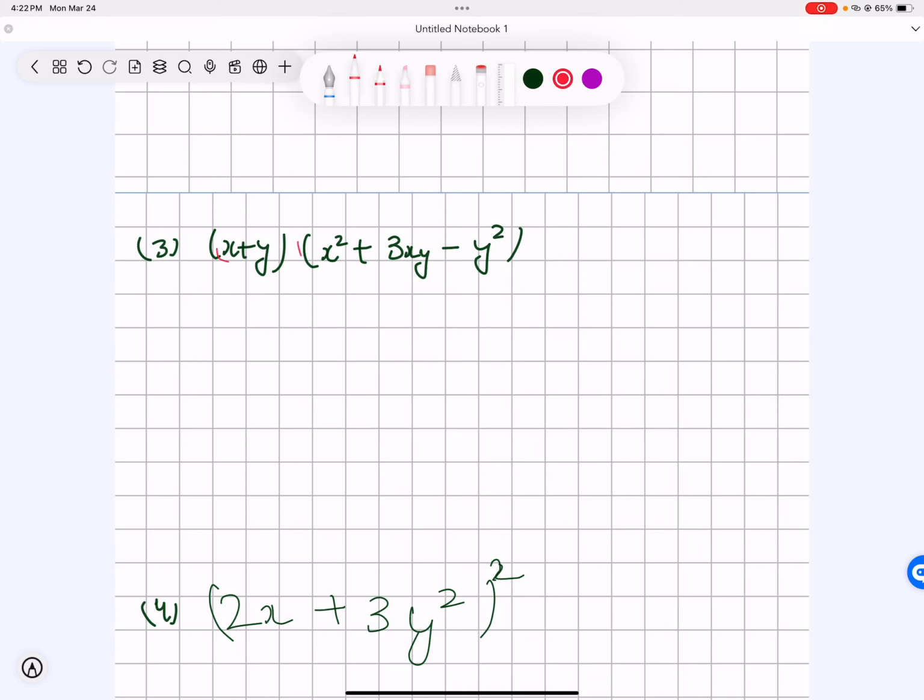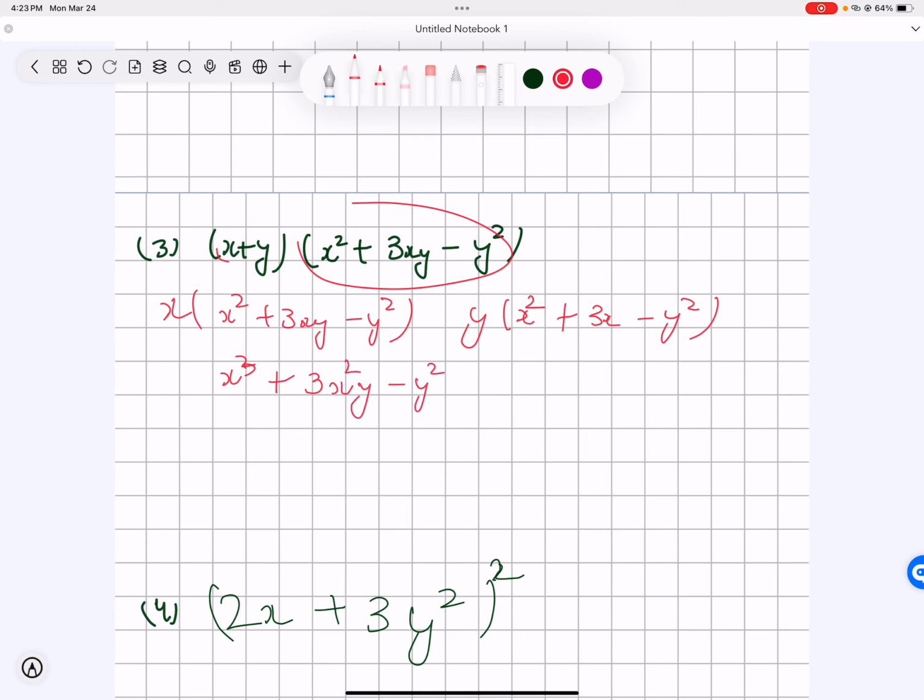So I'm gonna multiply this whole thing by x and then the whole thing by y first. It's gonna be x into x squared plus 3xy minus y squared, and then y into x squared plus 3xy minus y squared, which is gonna give me x cubed plus 3x squared y minus xy squared.